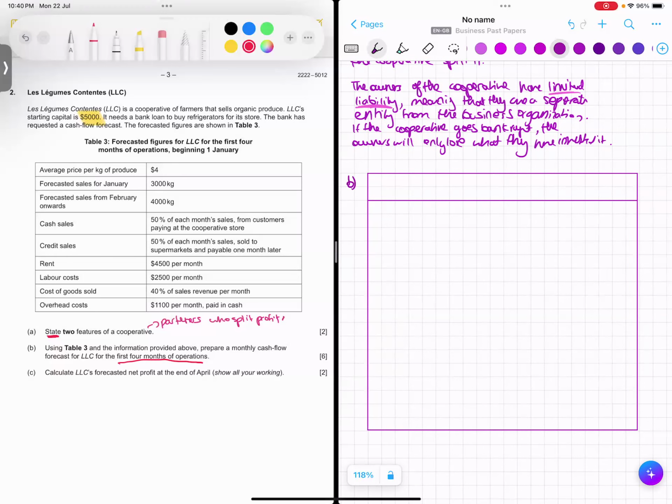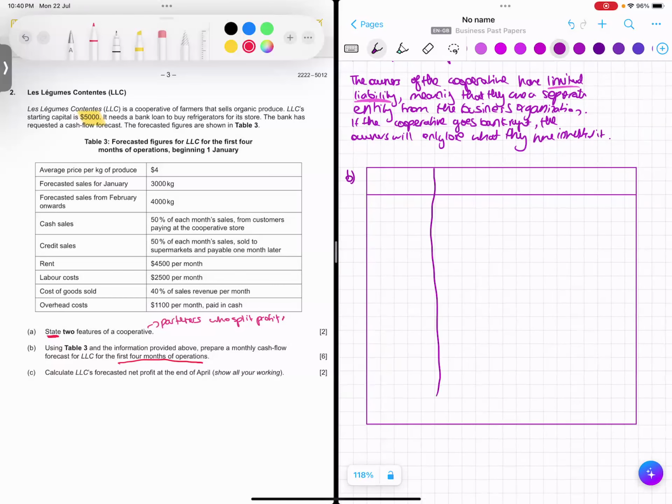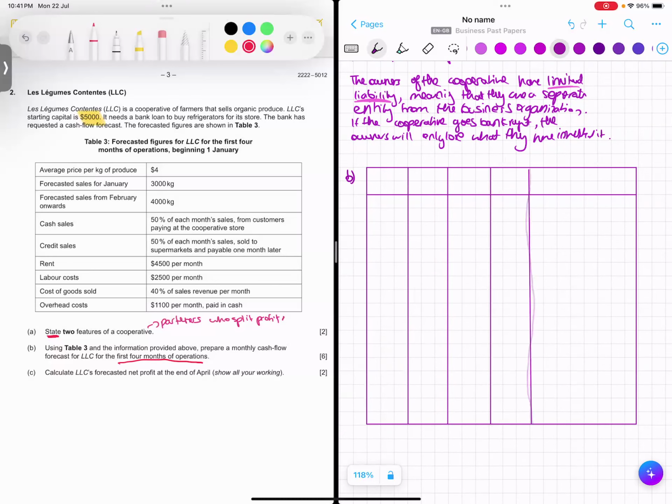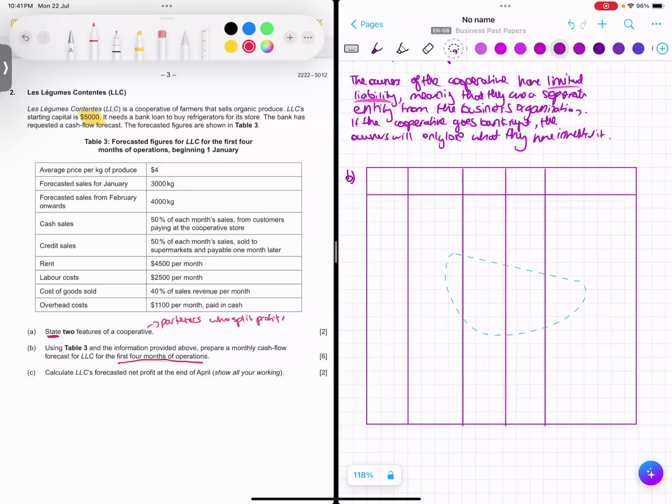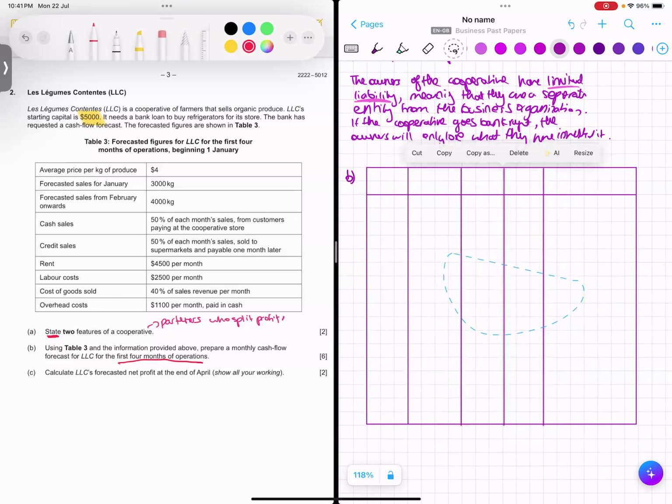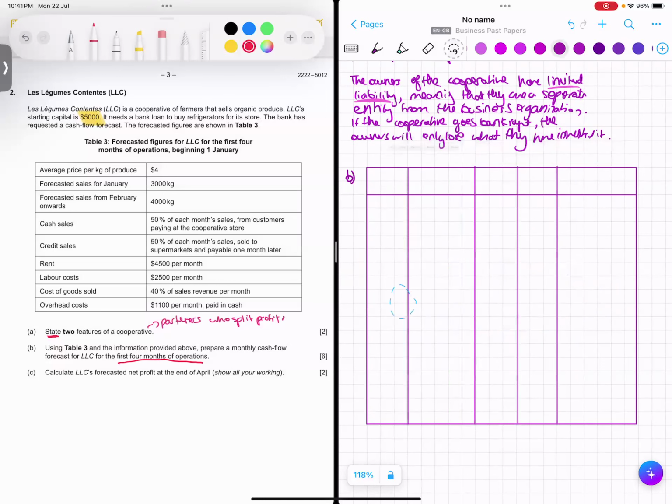Oh no, we have 4 months, so we'll give each one 3. I think 3 is fair and reasonable. Actually these are 5, so I can space them out a bit more. Let's do this, for example. Let's make this long.